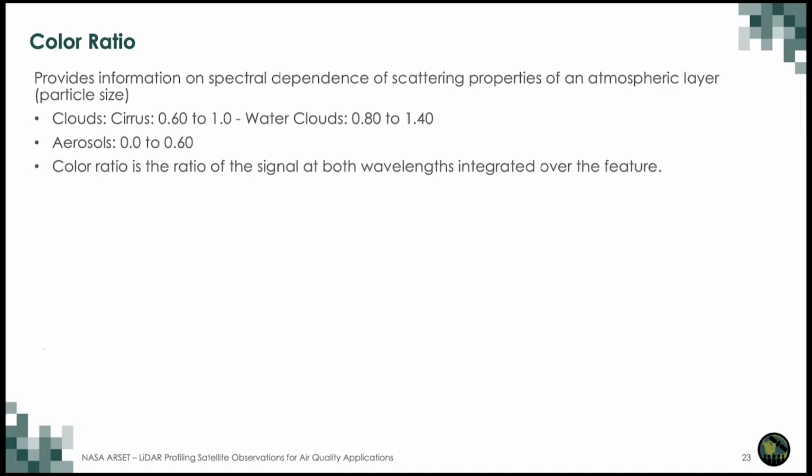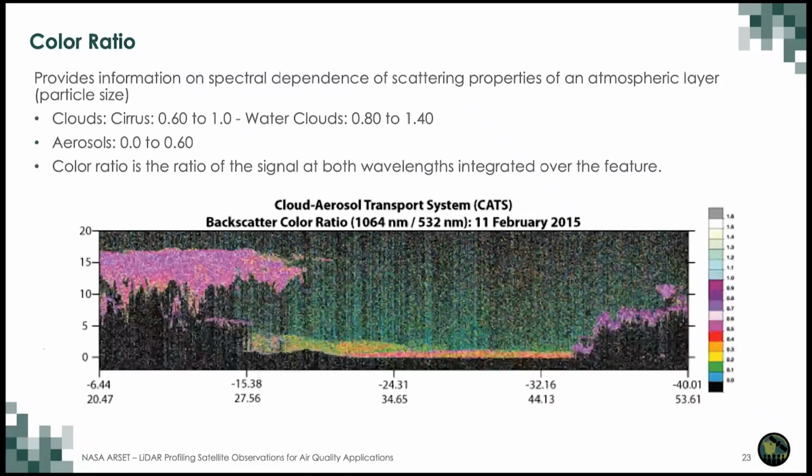Generally, they're closer to 1, meaning there isn't much spectral dependence in the visible and the near IR. Aerosols are smaller particles, and therefore they have a much stronger spectral dependence at these two wavelengths. And so we use this information to help identify clouds from aerosols. We call this cloud aerosol discrimination.